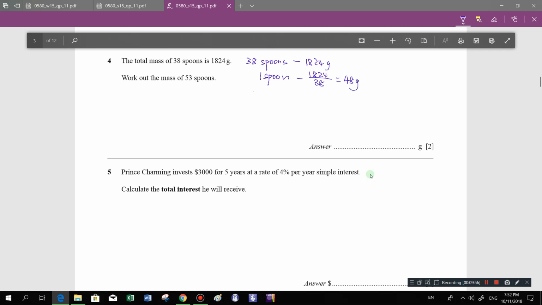Now if you have 53 spoons, then you just take the 48 grams times the 53 spoons. The answer you get will be the answer. Remember to revise.